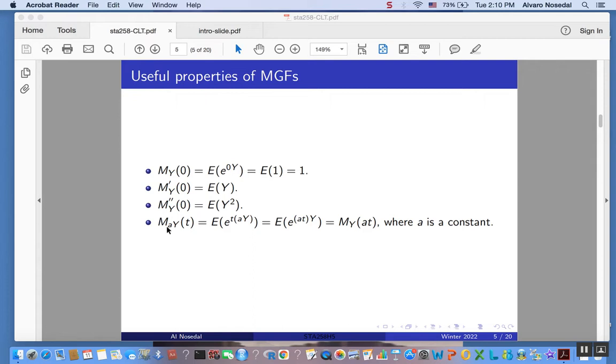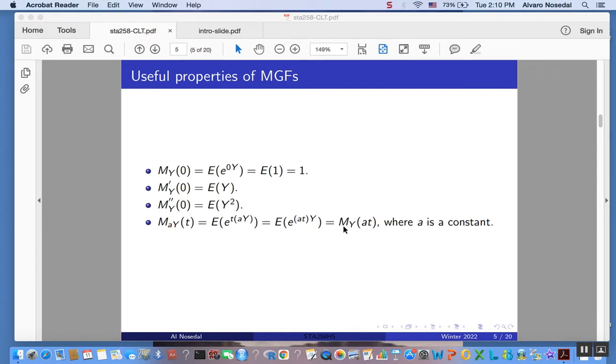If a is a constant, and you find the MGF of a times your random variable y evaluated at t, that is, by definition, the expected value of e to the power t times a y, which you could think of as the expected value of e to the power a times t times y.